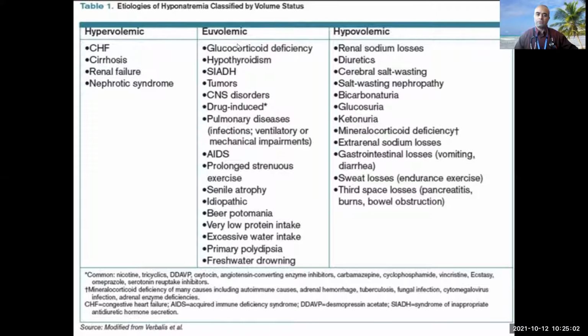In euvolemic, you should rule out glucocorticoid deficiency and hypothyroidism, and the other causes: tumor, CNS, drugs, pulmonary disease. And hypovolemic has many causes. The main causes are renal and GIT loss, diarrhea, vomiting, and the patient is already volume depleted. We discussed this in the previous presentation already.